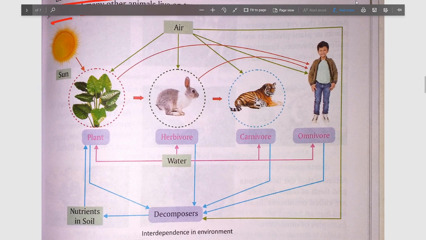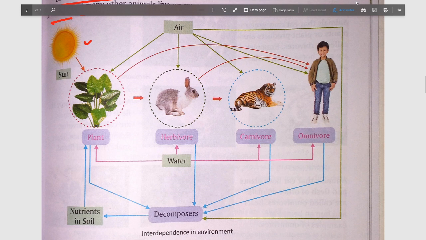Now this is a diagram. You have to see this diagram carefully, because what is shown in this diagram is the interdependence of the environment, how different components of the environment depend on each other. As we start from the sun, you can see this plant is getting solar energy, or we can say it is getting sunshine or light.